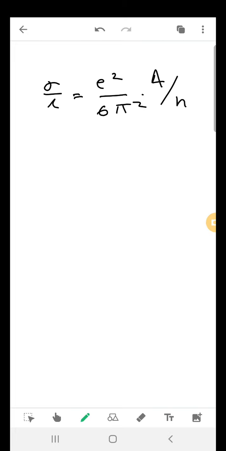This is considering the area, where A is equal to 4 pi into (3 pi square n) to the power 2/3.